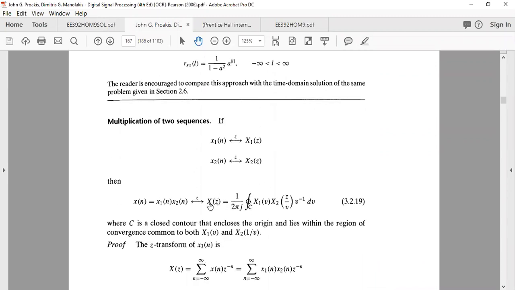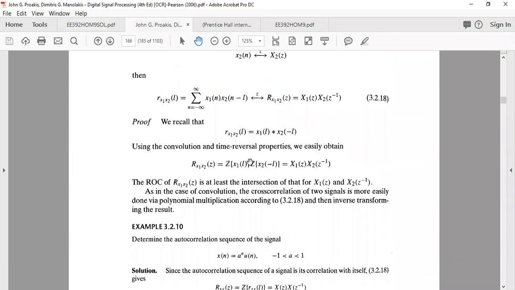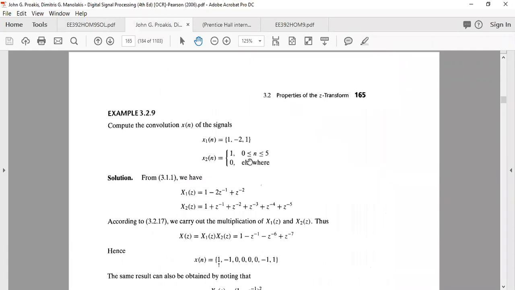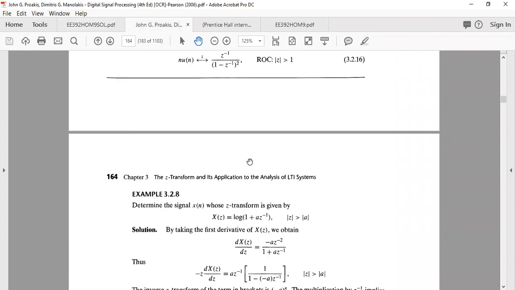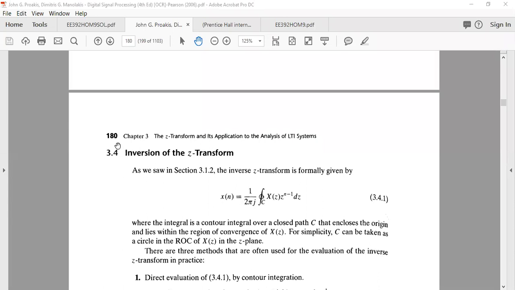Okay, based on this you can see that on page 180 of your textbook, the inverse Z transform of a Z transform signal could be given as this particular term, right?